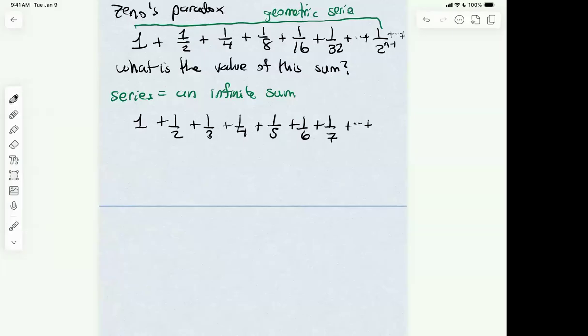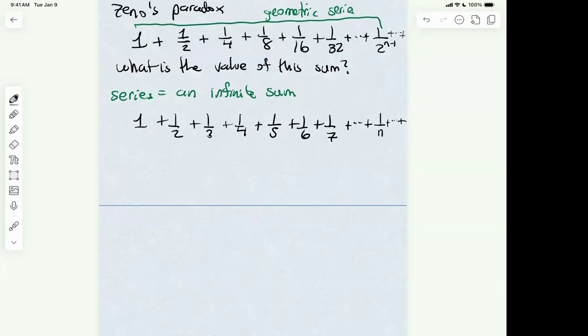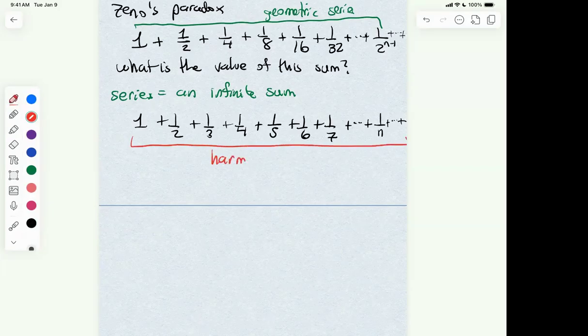Here's another one. The difference with the previous one is that it's just 1/n, right? And this one is called the harmonic series. And the numbers that you add don't need to be all positive, by the way.